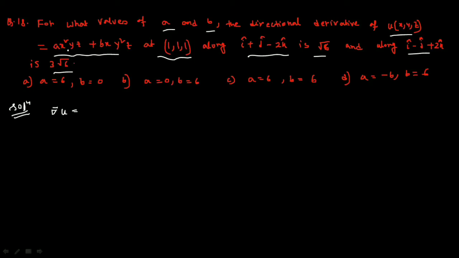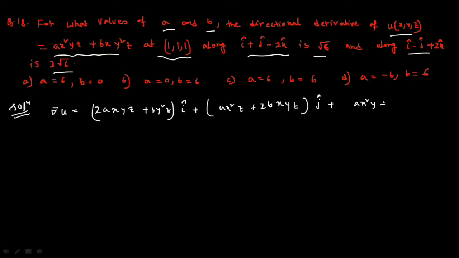With respect to x, you will have 2axyz plus, from here you will get by square z, i cap plus, for del f del y you will get ax square z, and from here you will get 2bxyz, into j cap plus, for del f del z you will get ax square y plus bxy square into k cap. So this is the gradient of u.